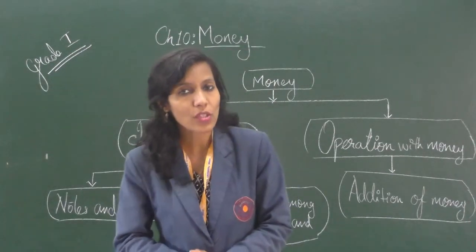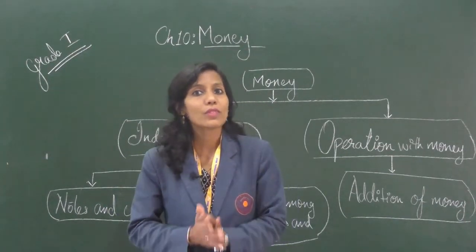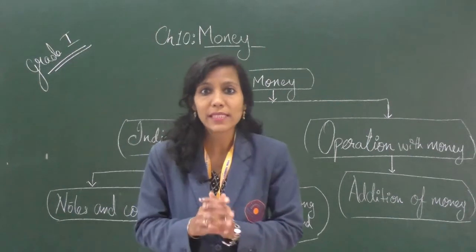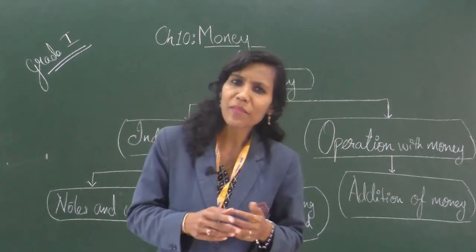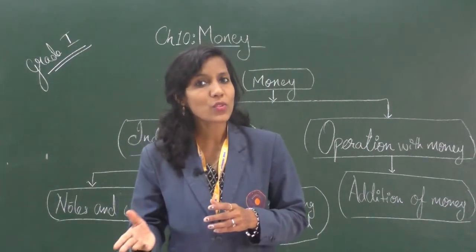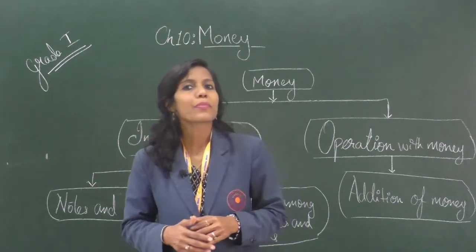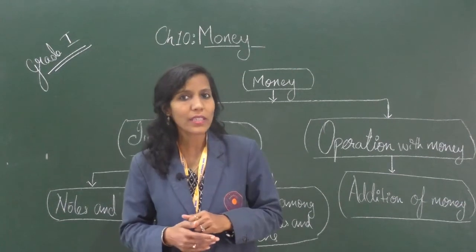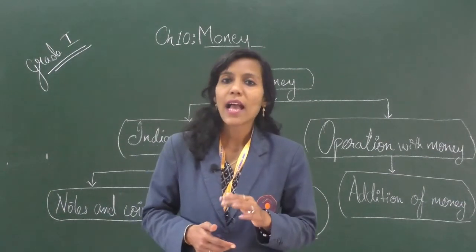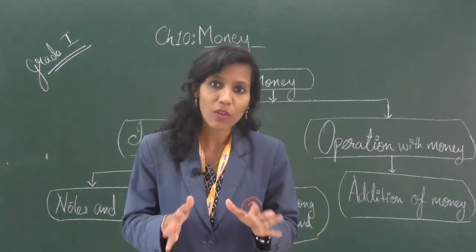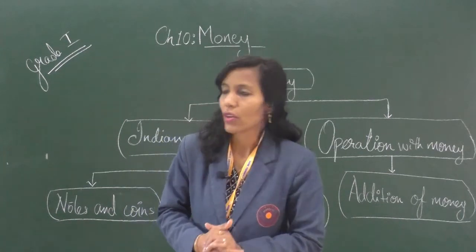And there were coins also which we saw. They were half paisa, 1 paisa, 5 paisa, 10 paisa, 20 paisa, 25 paisa, 50 paisa. Then we had seen 1 rupee coin, 2 rupee coin, 5 rupee coin. So these were the coins which we just saw.